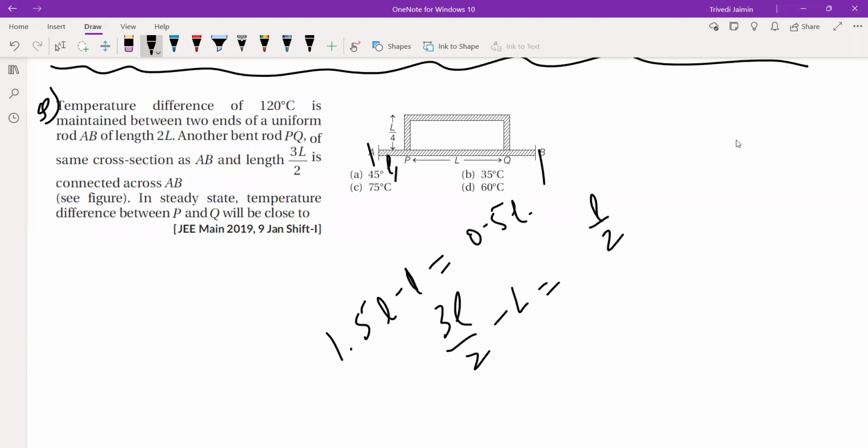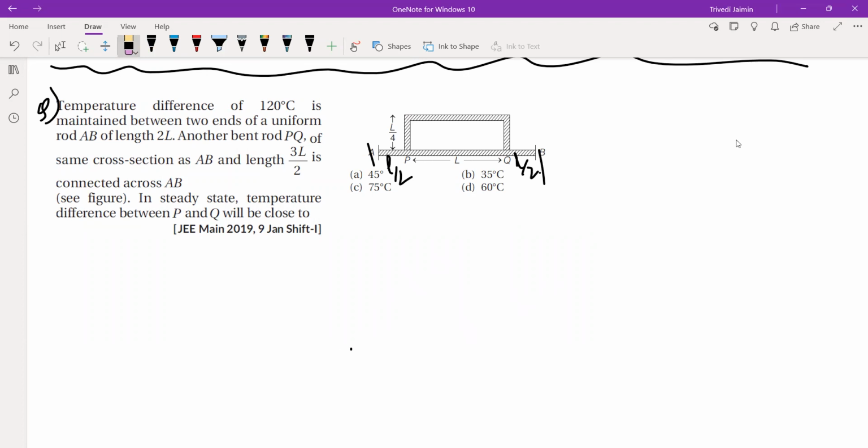Therefore, this is L by 2 and this one is L by 2. This thing we got it, L by 2, L by 2.